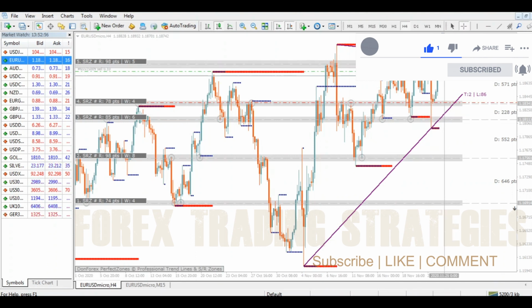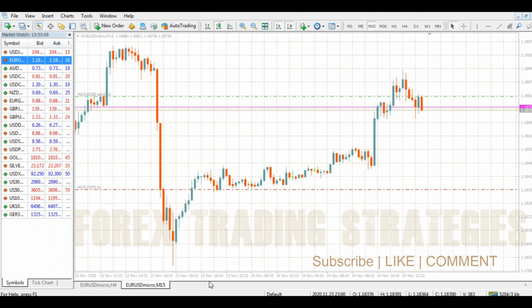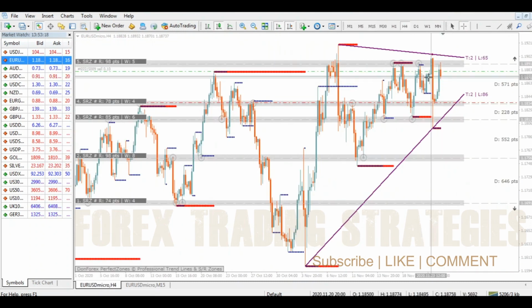So say price is here. Like I said, I missed this entry here because I missed the alarm. So when price is here, that's when I drop down to my 15. I drop down to my 15 or my 30, because I know here on the 4 hourly price is at my zone of interest.